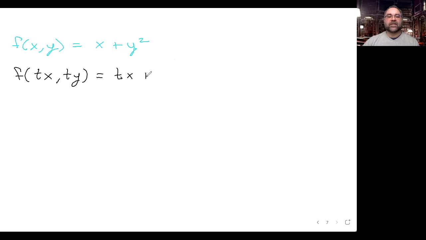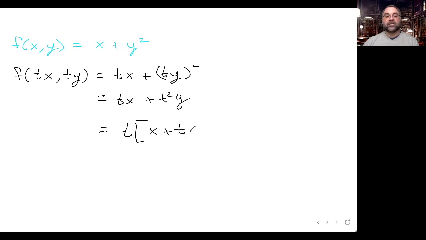Well, look, we get tx, but we get ty quantity squared, plus t squared y. Oops, I can't factor out a t. I can factor out one t, but I don't get f of x, y in here. There's this extra factor of t that I can't get rid of. So unfortunately, no, this is not a homogeneous function.